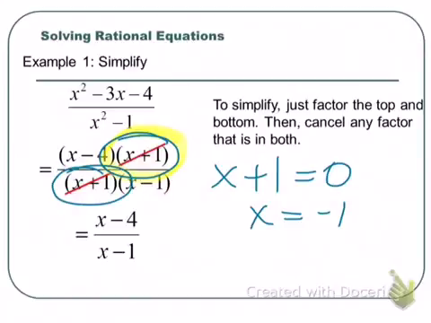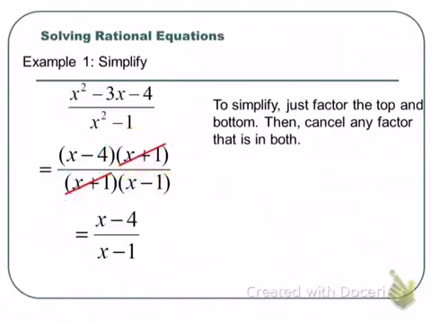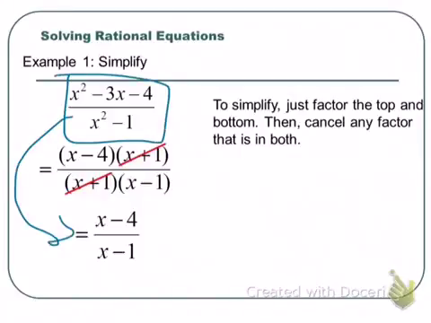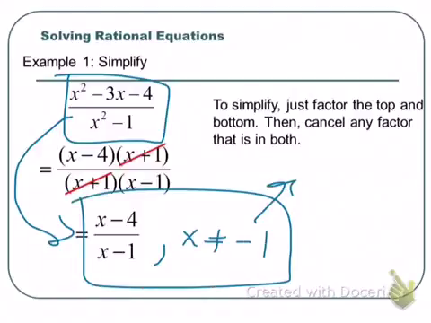So here's how I'm going to want you to write your answers for these problems. This thing is indeed equal to this thing as long as x is not equal to negative 1. This is called the excluded value.